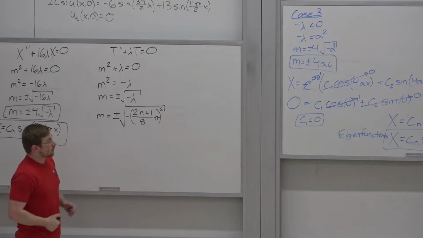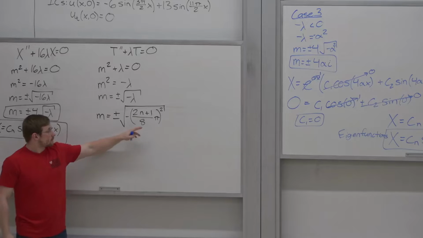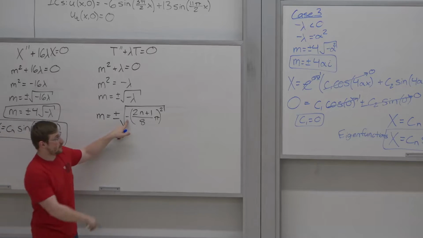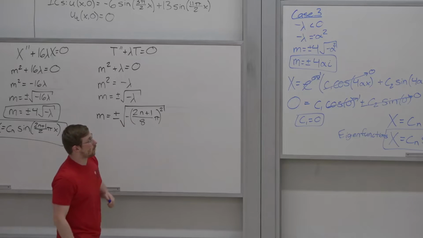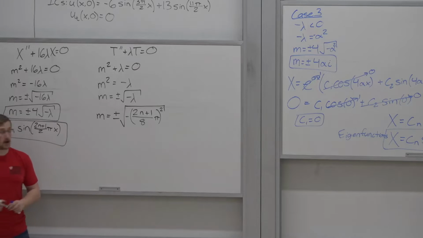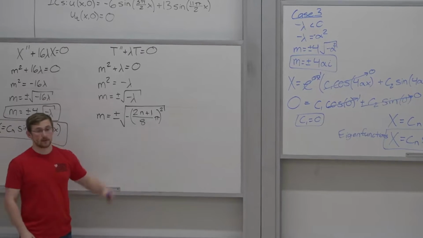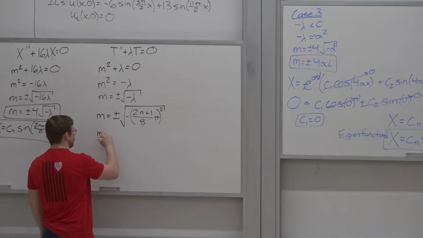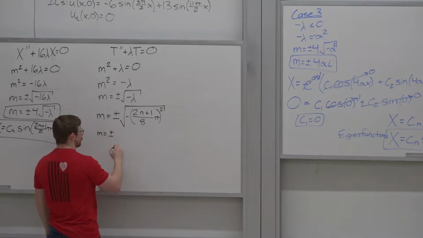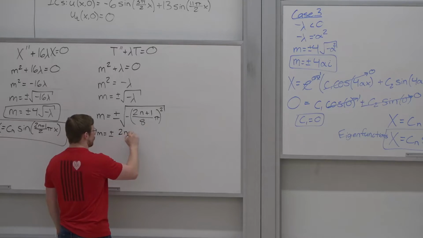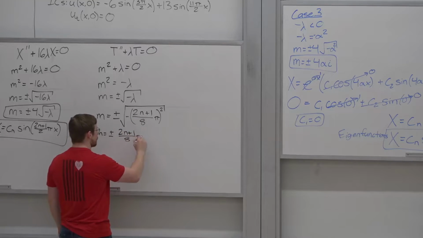So now we have m is equal to plus or minus the square root of negative (2n+1)/8 π, squared, which is nice because I have the square root of something squared. So my m is going to equal plus or minus this whole thing, (2n+1)/8 π, times i.